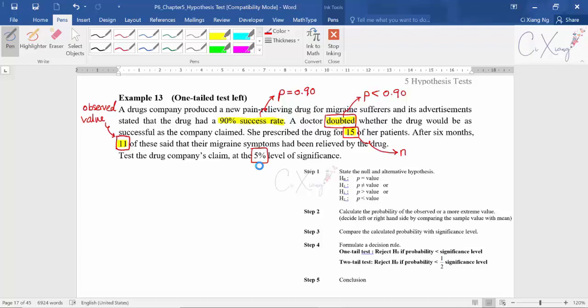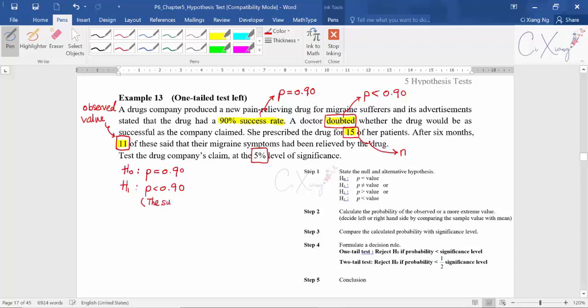Okay, so we will start here with step number 1. They want you to state the null and alternative hypotheses. Very easy. You already identified them just now: P equals 0.90, and then P smaller than 0.90. Again, as I said, I prefer to write out a sentence for the alternative hypothesis.